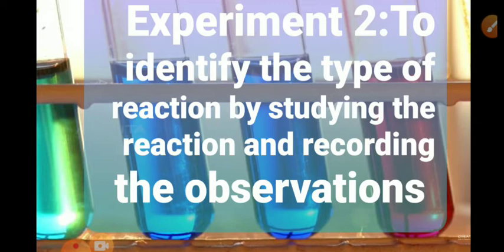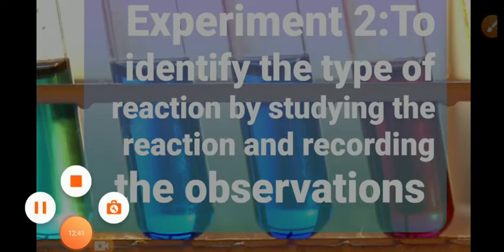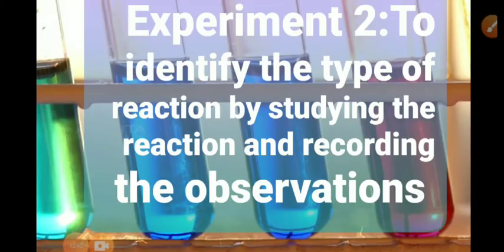A gas is getting released that is reddish brown in color. If we take a moist blue litmus paper, it will turn red. The burning of the candle will continue. This candle does not extinguish, or the matchstick if you are burning it, it does not extinguish.